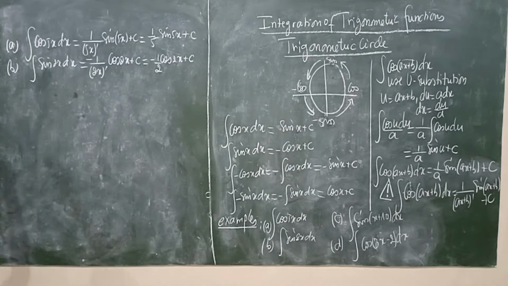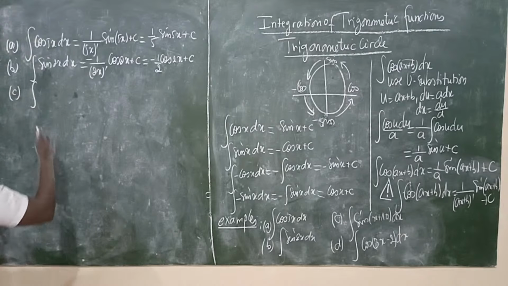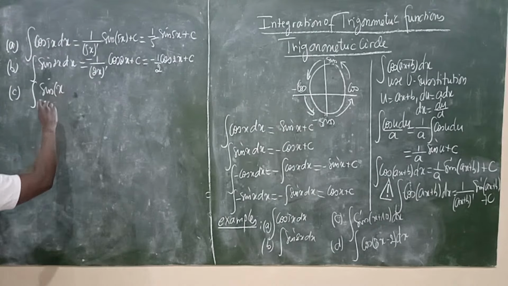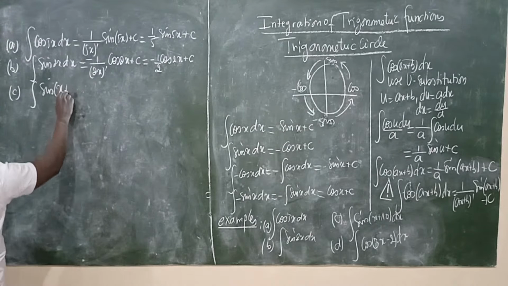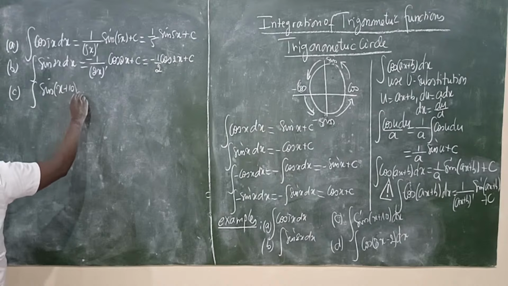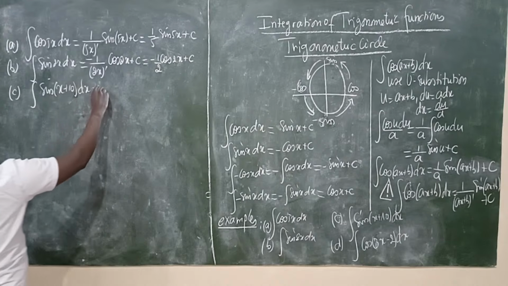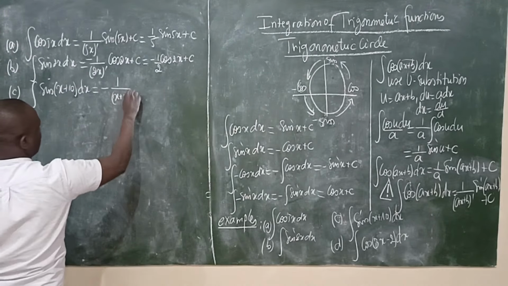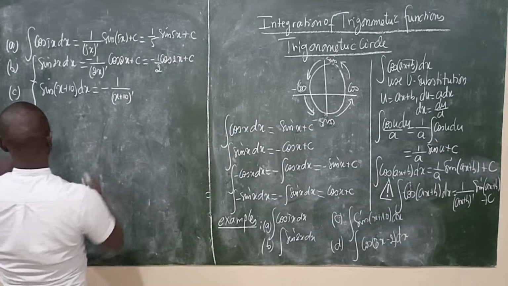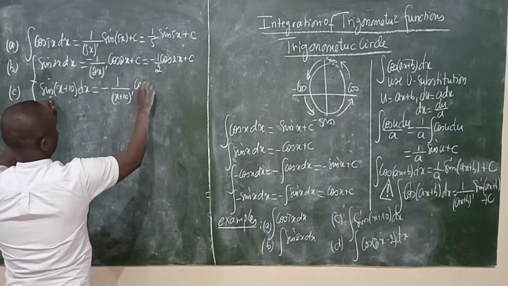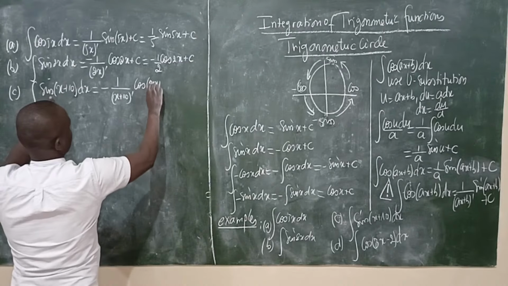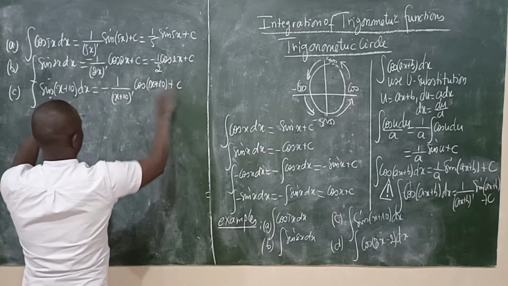Okay, let's try c. We have to integrate the sine of x plus 10 dx. This is minus 1 over the derivative of x plus 10, times cosine of x plus 10, plus c.